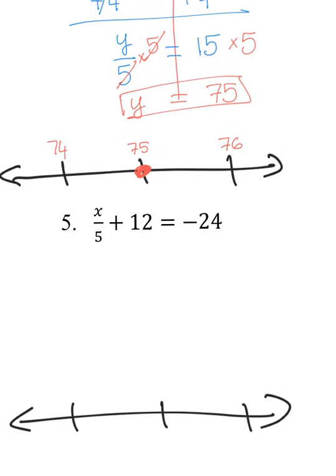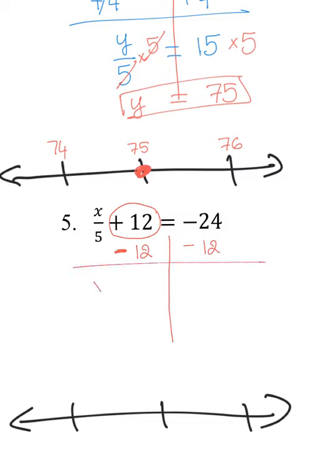Number 5, x over 5 plus 12 equal to negative 24. I'm going to draw the line. So my constant is plus 12, positive 12, or add 12. So I need to do the inverse of it, minus 12 on both sides.